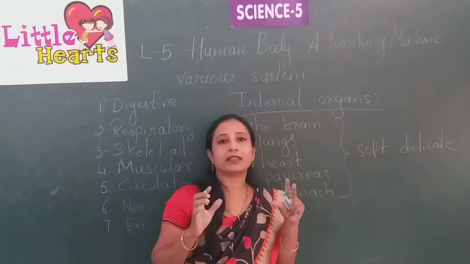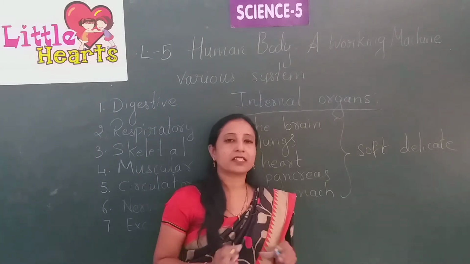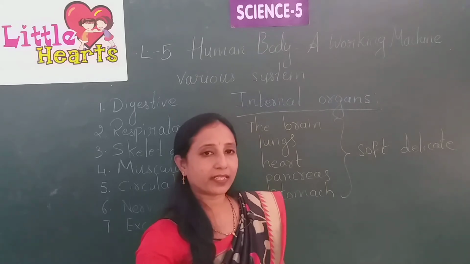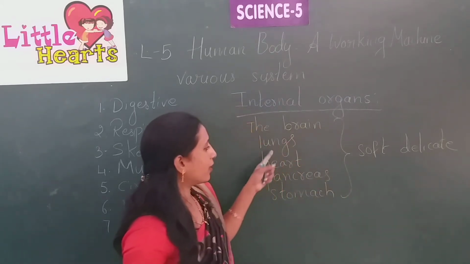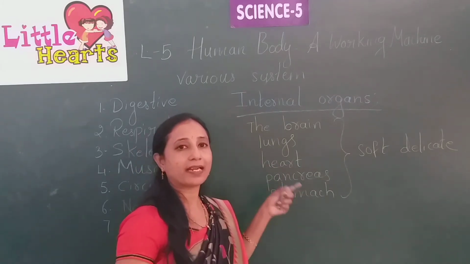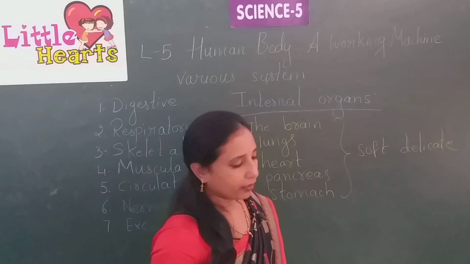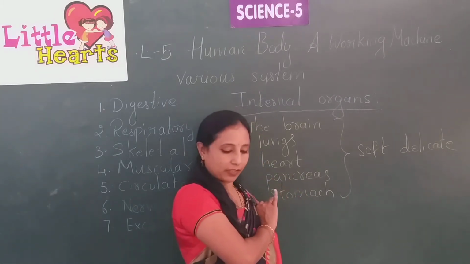All the bones are covered with muscles and the muscles are covered with skin. Each of these organs has some special function. Each and every organ performs a different function, right?